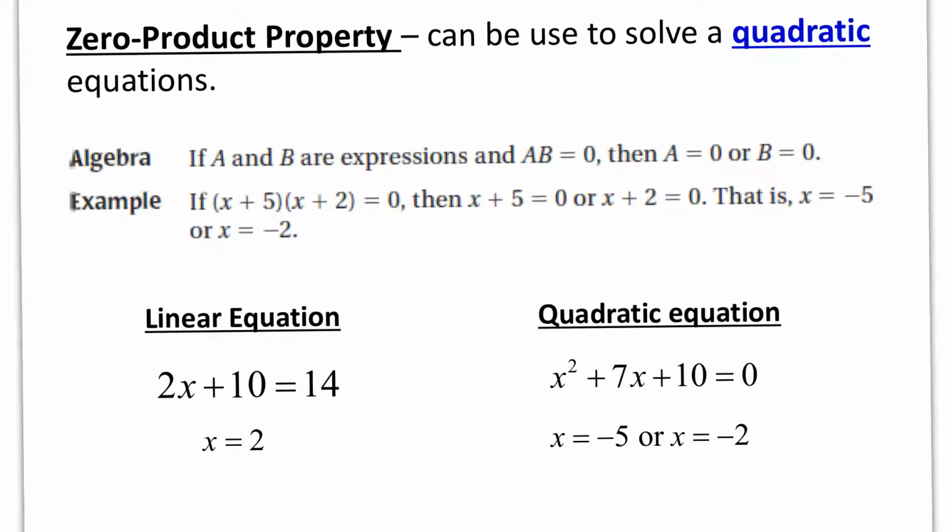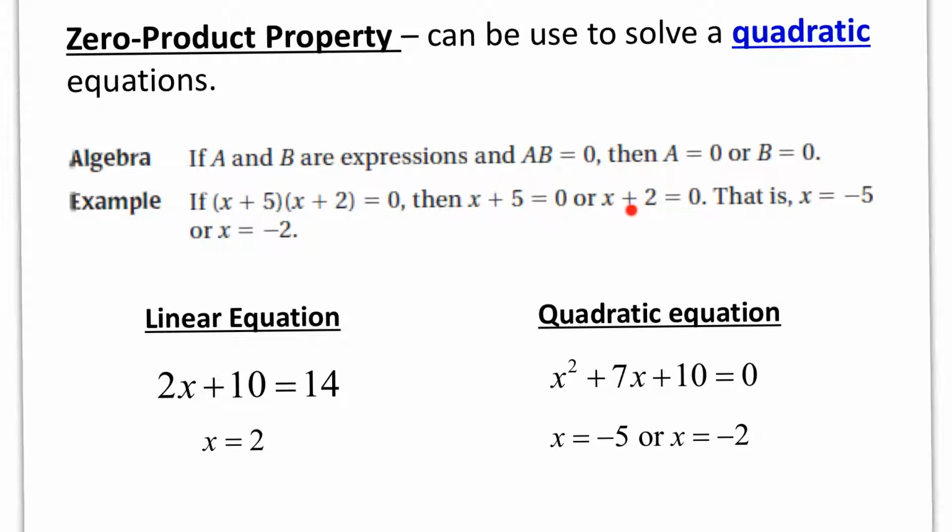So if you have those 2 expressions, x plus 5 times x plus 2, and we know it equals 0, what we can do is take this expression, x plus 5, and set it equal to 0, or take this one, x plus 2, and set it equal to 0. Same thing as up here. You take a equal to 0 or b equal to 0, because that's the zero product property. One of those 2 has to equal 0.